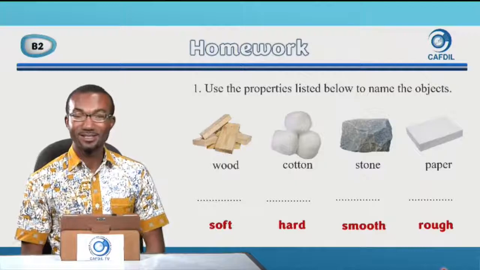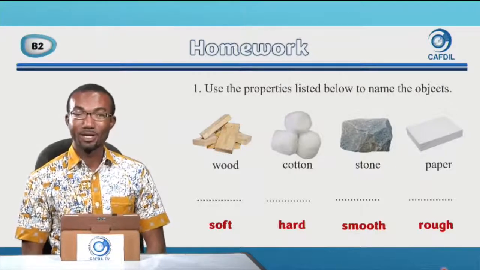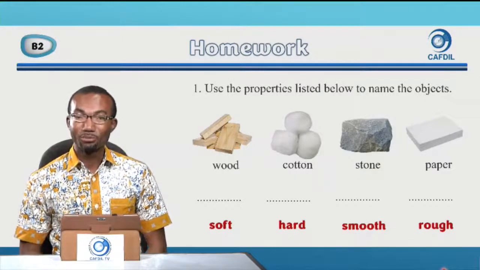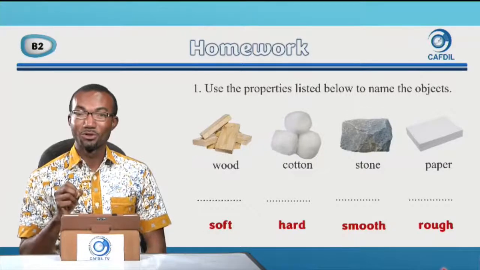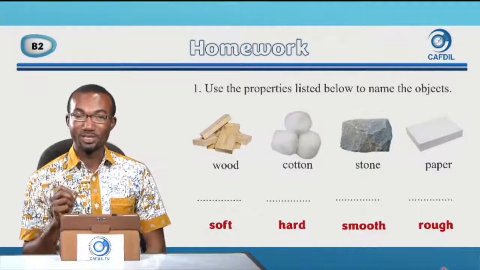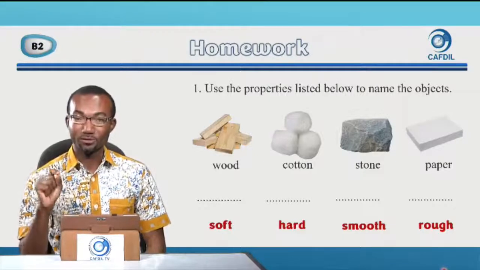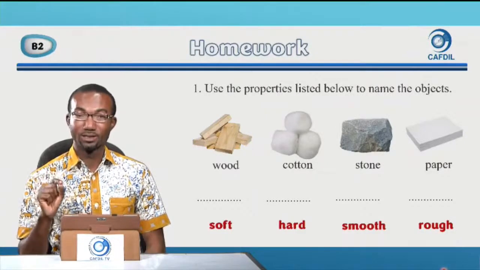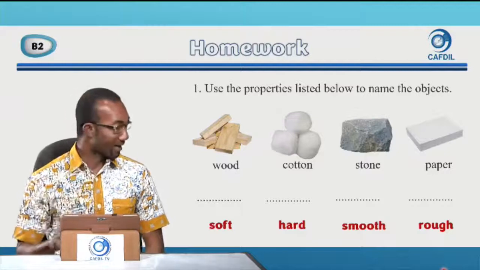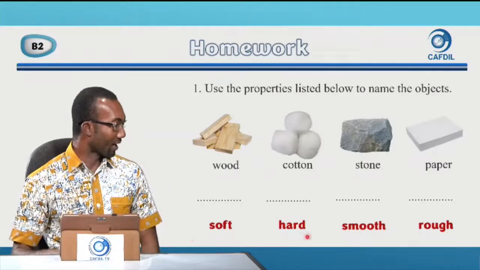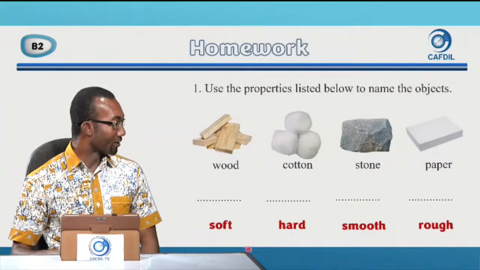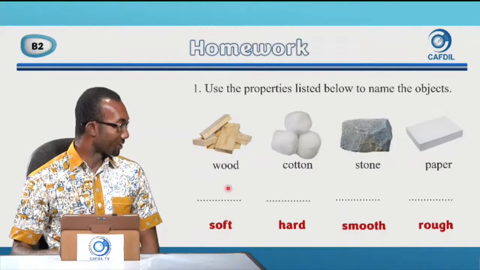Now let's take this assignment. We have used the properties listed below to name the object. So we have wood, we have cotton, we have stone, we have paper. So the answers are down here: soft, hard, smooth, rough. So if wood, for example, is soft, then you write soft here.